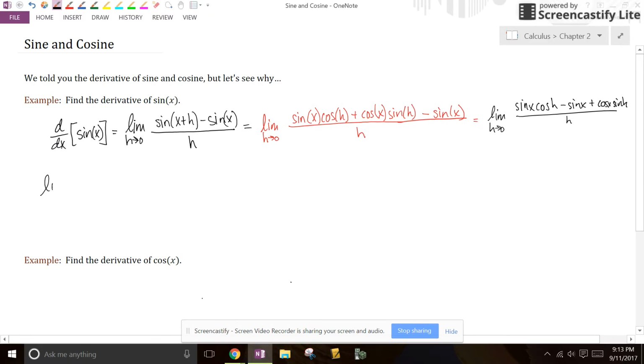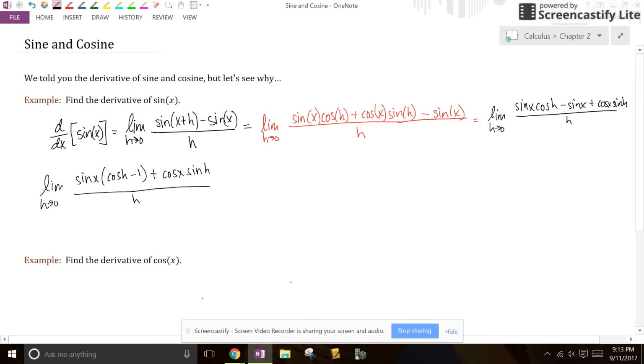The reason I did that is that it's nice to factor out a sine x. So I factor out the sine x and am left with cosine h minus 1, plus, over there, nothing can factor out, cosine x sine h, all over h.